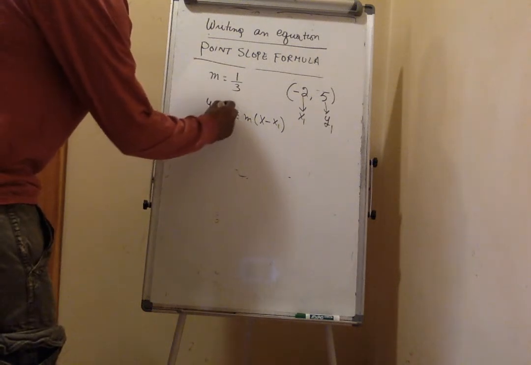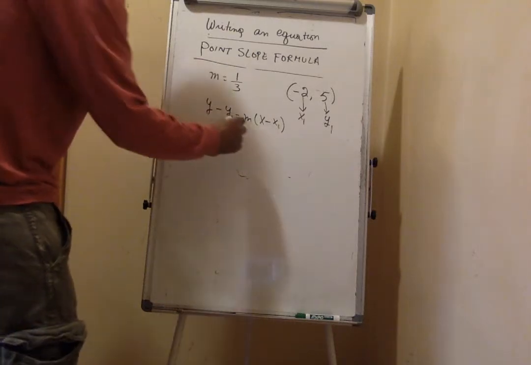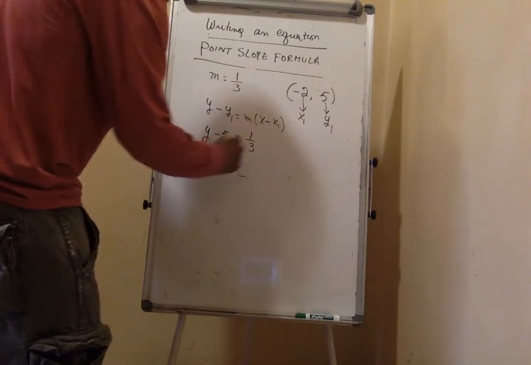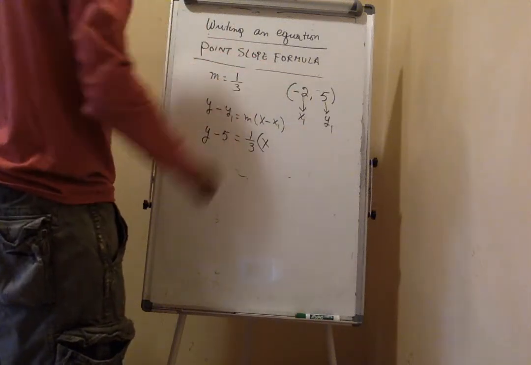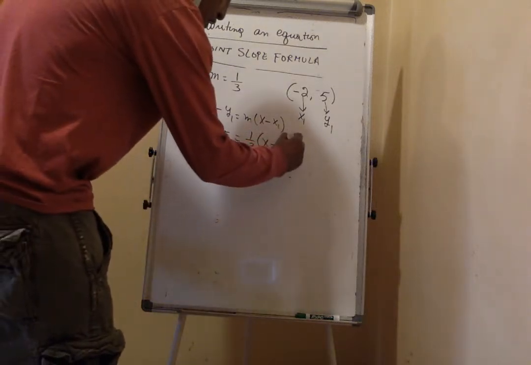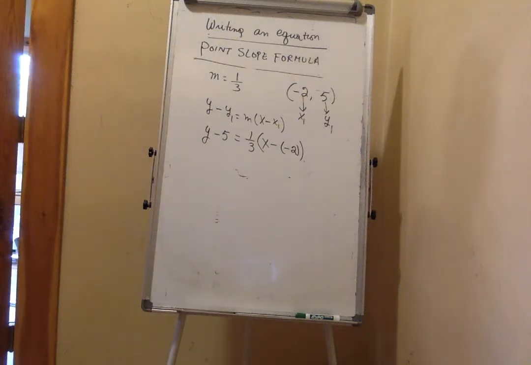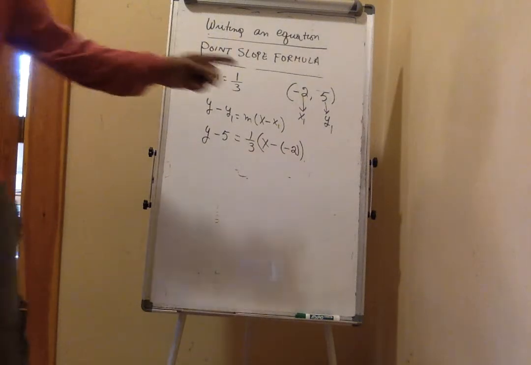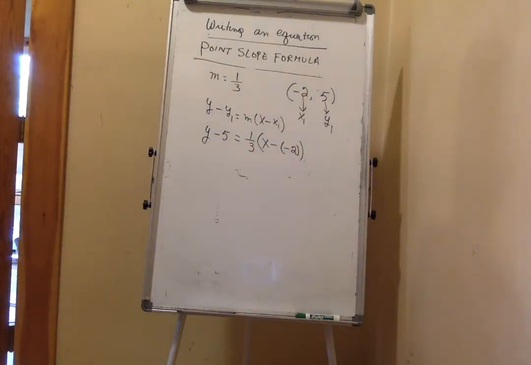So instead of y1, you write y minus 5, and then write 1 over 3 times x, and your x1 is minus 2, so minus negative 2. Make sure this one is your value of x, that one is your value of y.